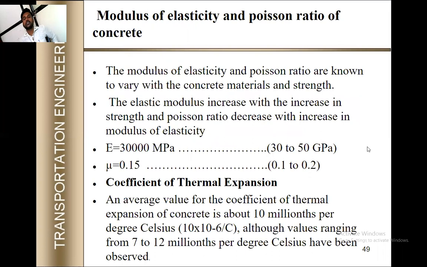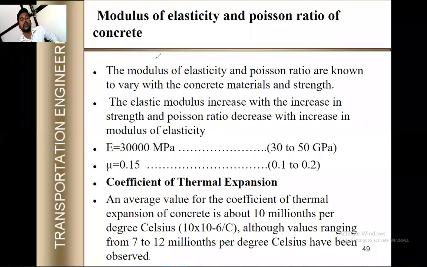And how much are the modulus of elasticity and the Poisson's ratio? We should know the modulus of elasticity as well as the Poisson's ratio for the concrete. We have gone through a number of problems for steel, because we know the modulus of elasticity for steel, stress by strain. But how much is it for concrete?